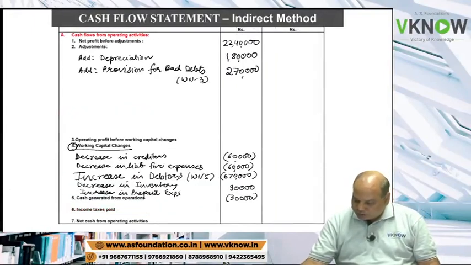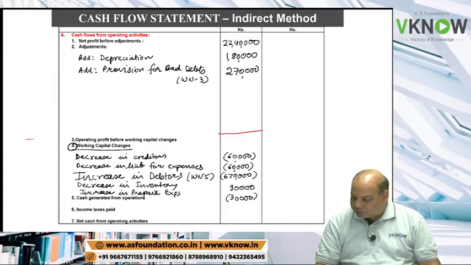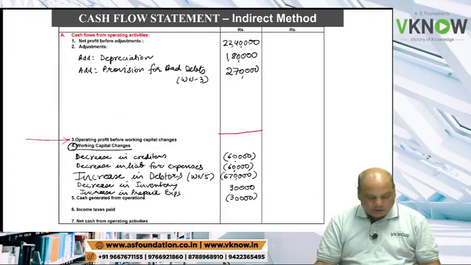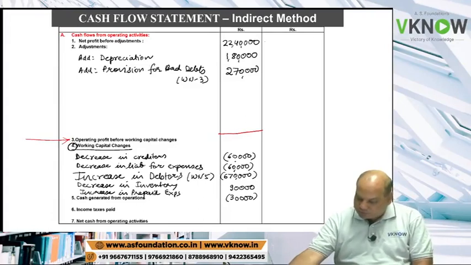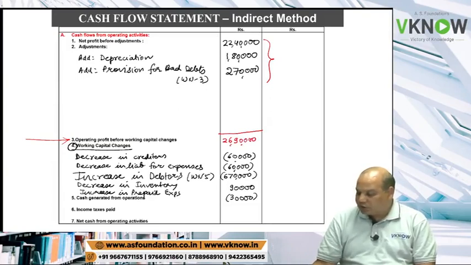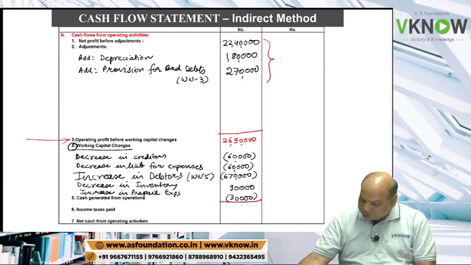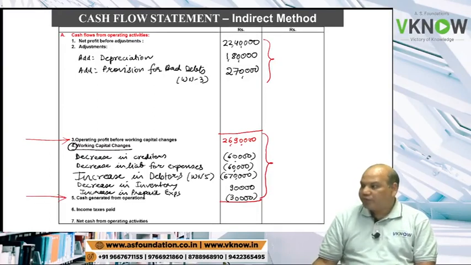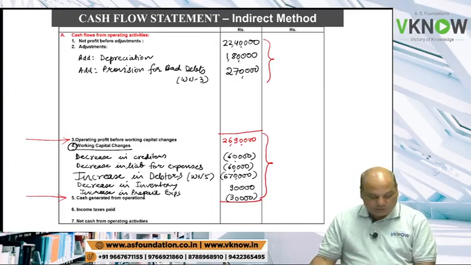So dear student, first you write here point number 3, operating profit before working capital changes. Add these 3 items, so that is 26 lakh 90,000. Chetan is right. Then you add all these items and write in point number 5, cash generated from operations.